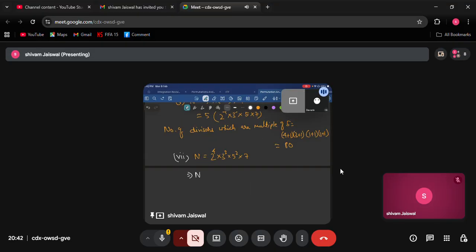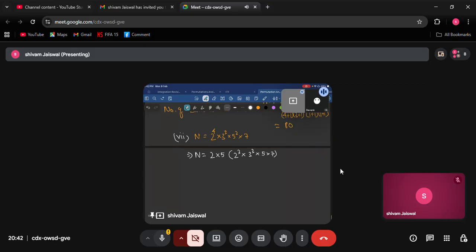So n equals selecting 1, 2, selecting 1, 5. Within brackets, you are getting 2 cube into 3 cube into 5 into 7. So what is the number of ways? Now you just select all the divisors. 64. How much? 64.